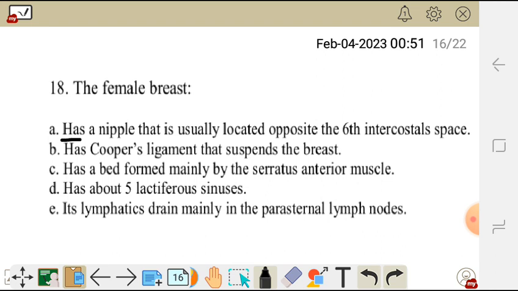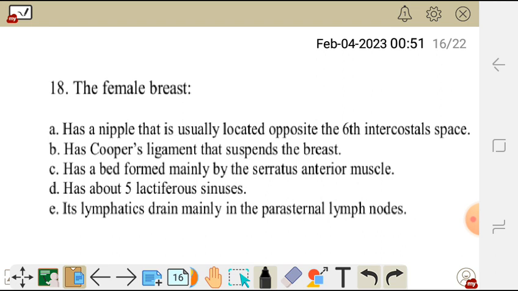The nipple, mainly in young women, is located in the fourth intercostal space, not the fifth. Then C is not correct, because the serratus anterior does not form the bed of the female breast.